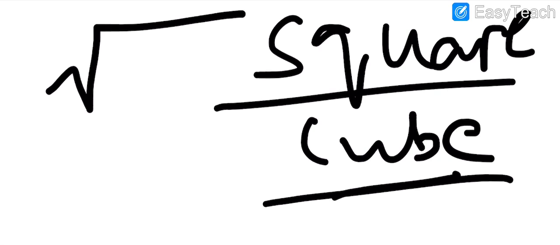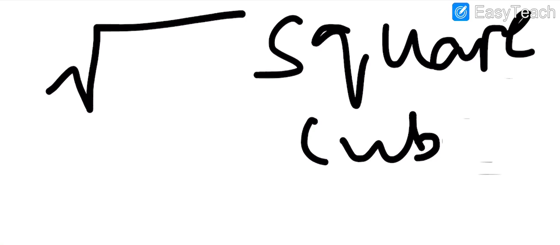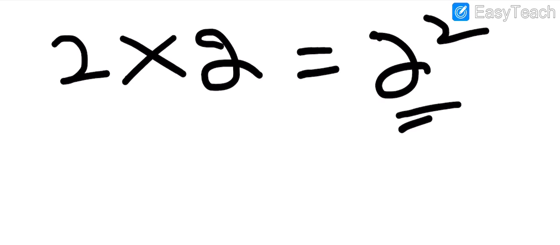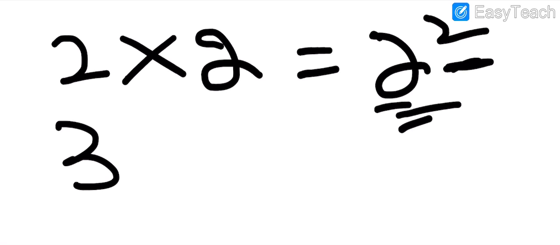So what is a square and what is a cube? Though you might already know, for the people who don't know what a cube is and what a square is, let me explain. If we multiply a number with itself, it makes a square, meaning the same number twice. If I write 3 square, it does not mean 3 into 2.